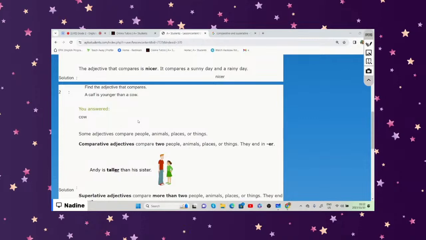And if we find the adjective that compares, we're going to say it is younger. So younger is the word that shows the comparison between the calf as well as the cow.